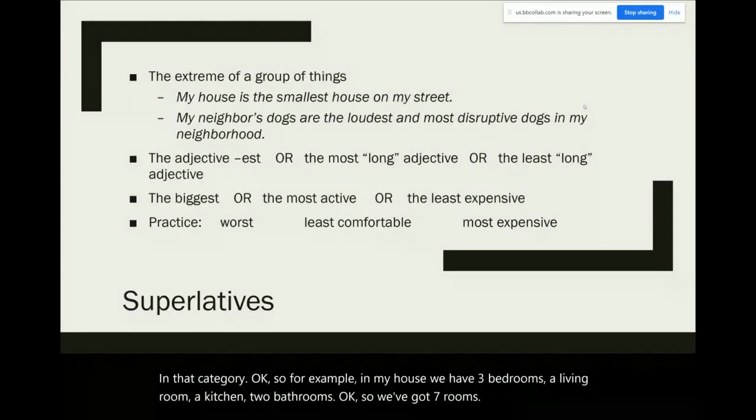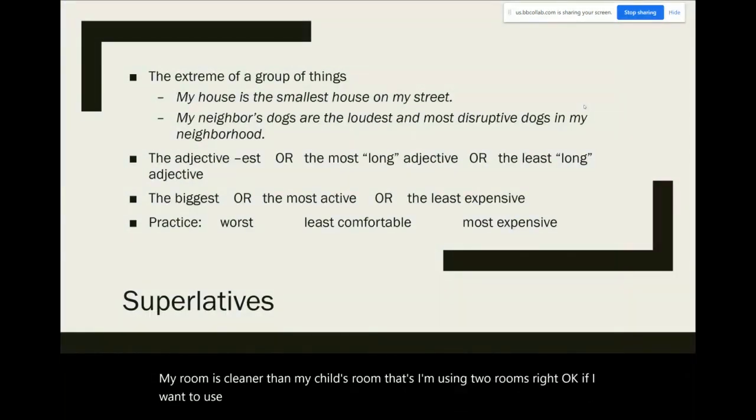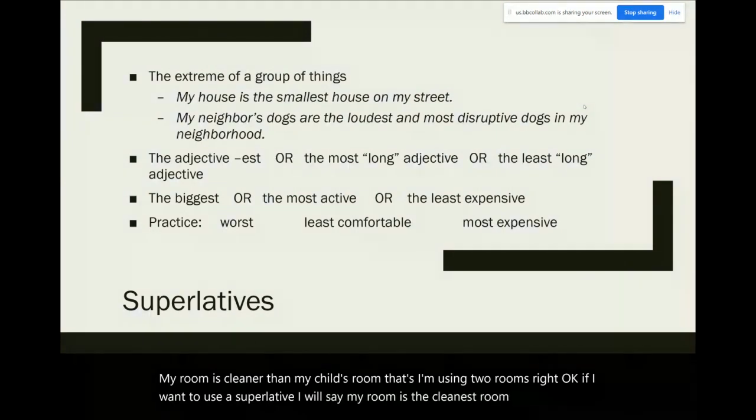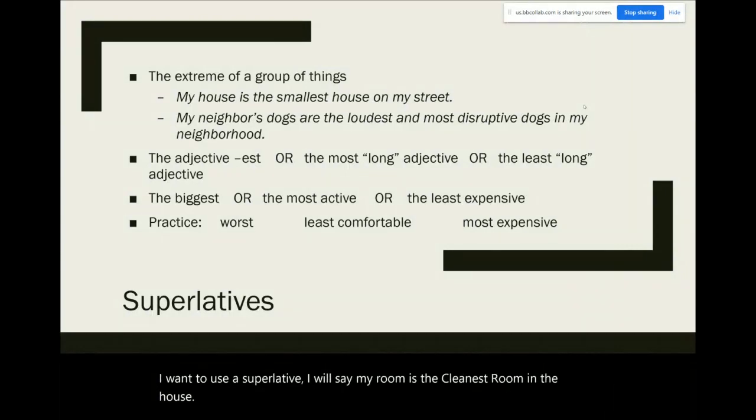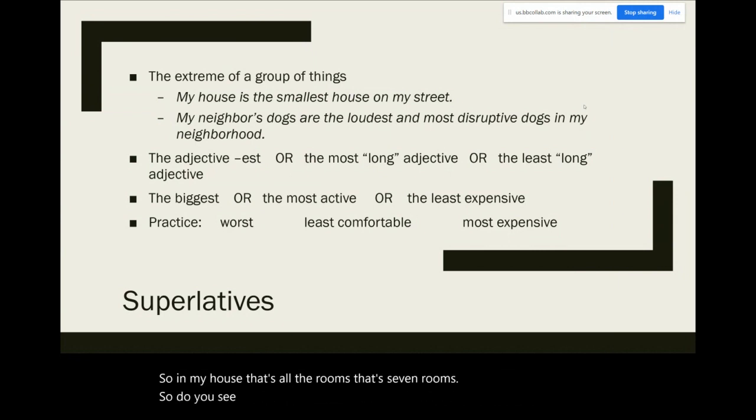My room is cleaner than my child's room. I'm using 2 rooms, right? If I want to use a superlative, I will say my room is the cleanest room in the house. In my house, that's all the rooms. That's 7 rooms.